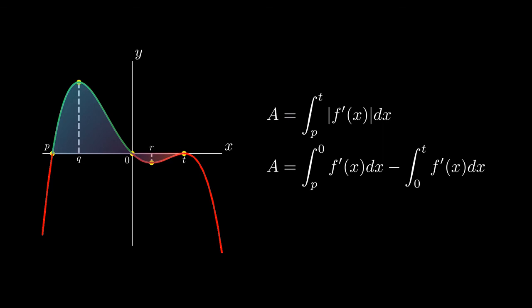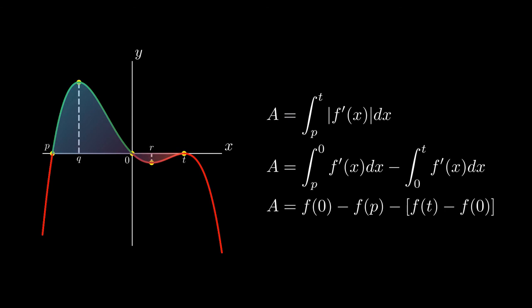All we need to do is know that when you integrate the derivative, you get back to the function. So the integral of the derivative is the function. So we just put the limits in. The first piece we put in 0 and p. We subtract the next piece where we put in t and 0.